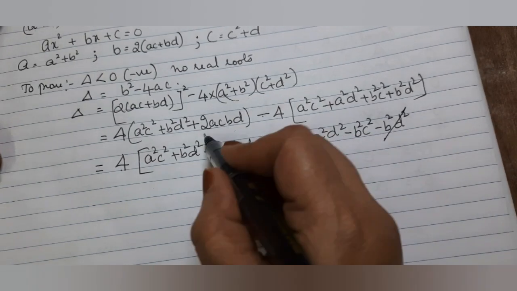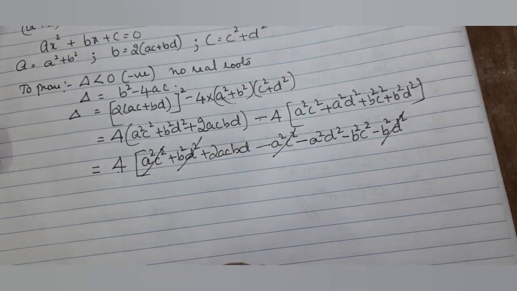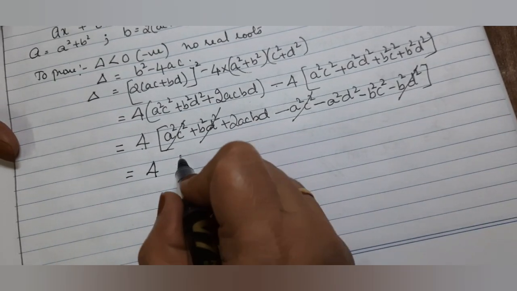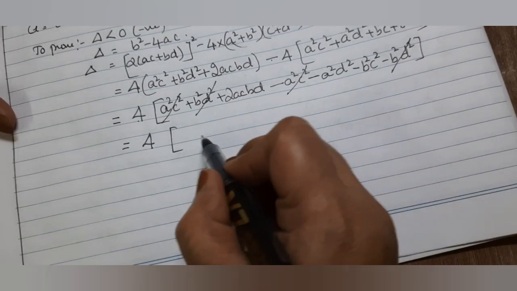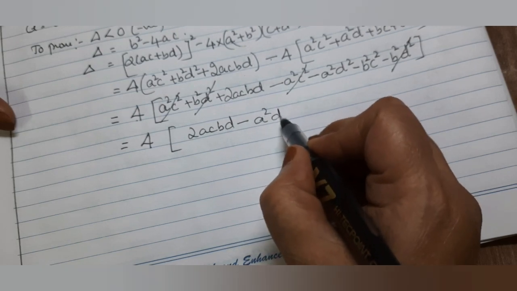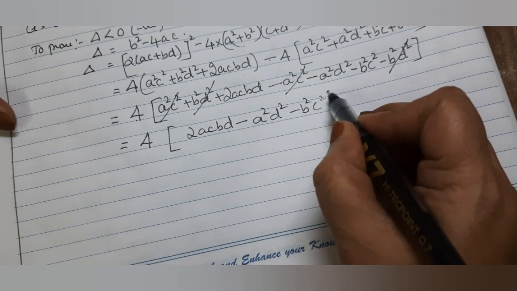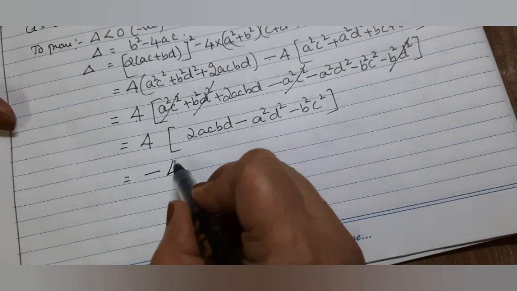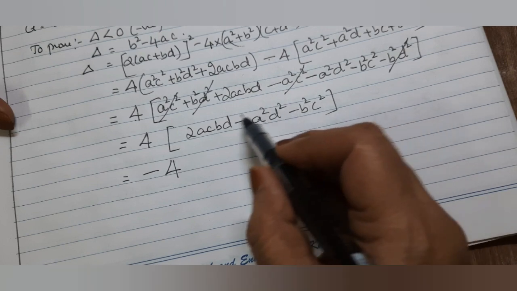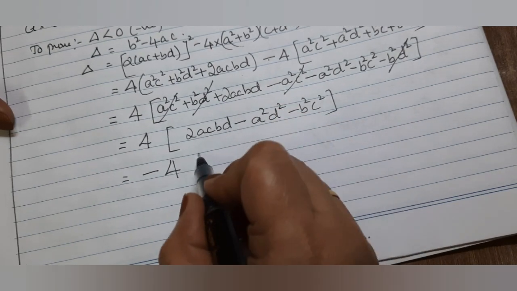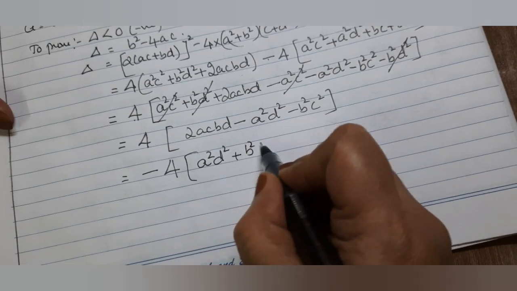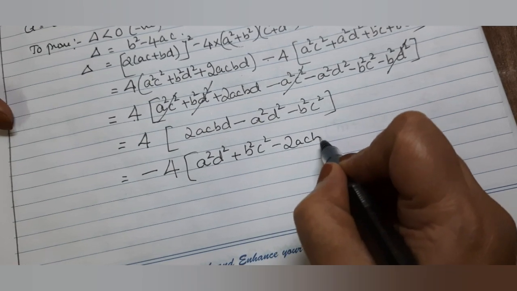Then what gets cancelled? The first terms cancel. So we get 4 times, in this case, 2acbd minus a square d square minus b square c square. We will take the minus sign common out from this. We don't have a formula for minus a square minus b square plus this one, so we have the formula for a square plus b square minus 2acbd.